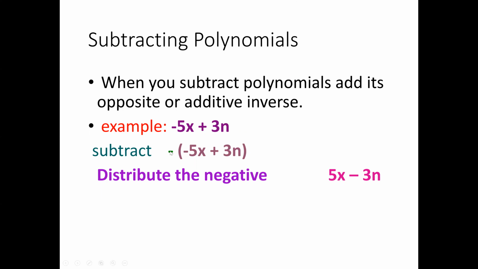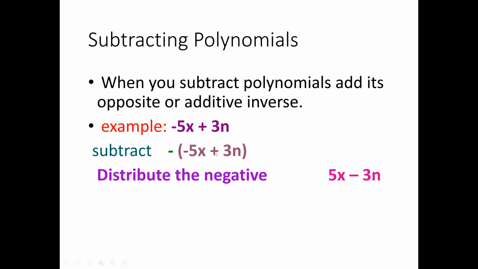We know this rule already. Negative times negative is positive. Negative times positive is negative. Positive times positive is positive. So if I have minus 5x plus 3n, and later I want to multiply the term by negative, then it will be negative times negative 5x, which will give me positive 5x.